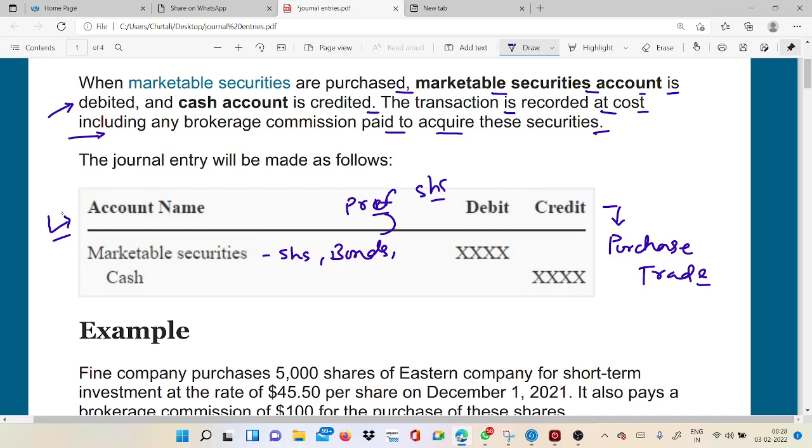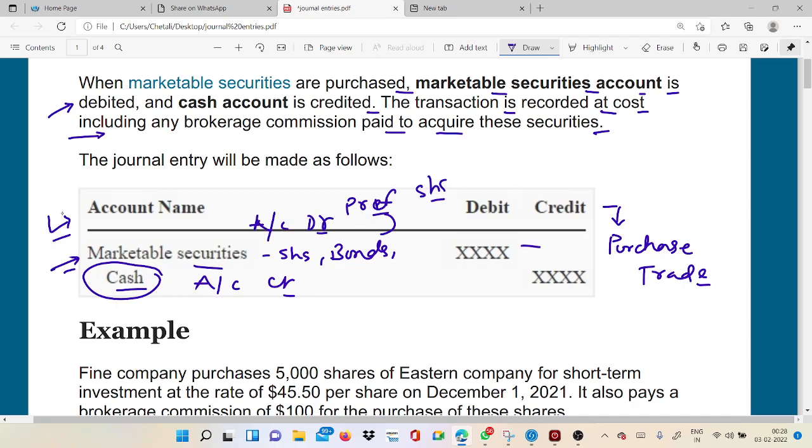When we apply the golden rules of accounting here, the securities are your asset, a real account, and the rule for a real account is debit what comes in, credit what goes out. So we take the securities as debited, and cash, again a real account, would be credited here. The cash account is credited and the securities account is debited.